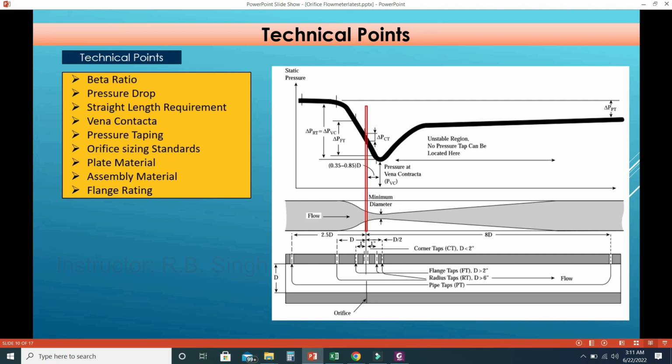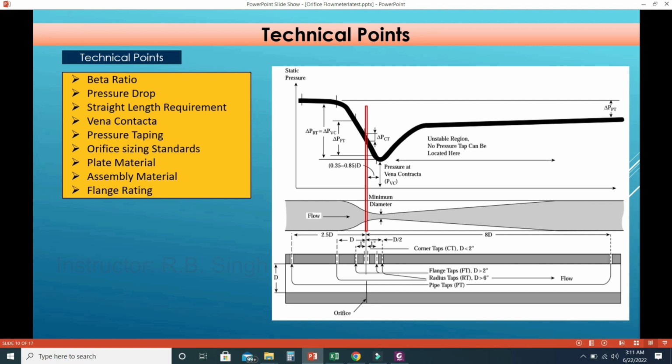Because if we take the differential pressure from the vena contracta, we will get the maximum differential range. That is why sometimes we take the pressure taps from the vena contracta also.